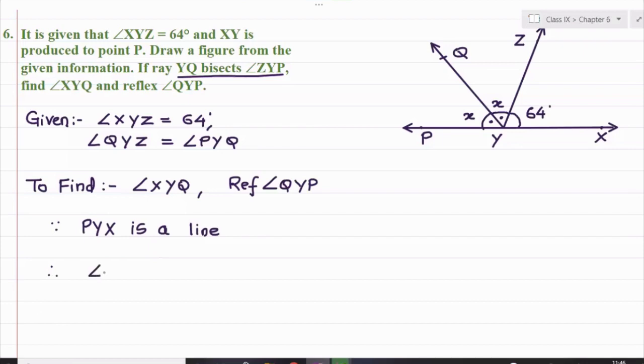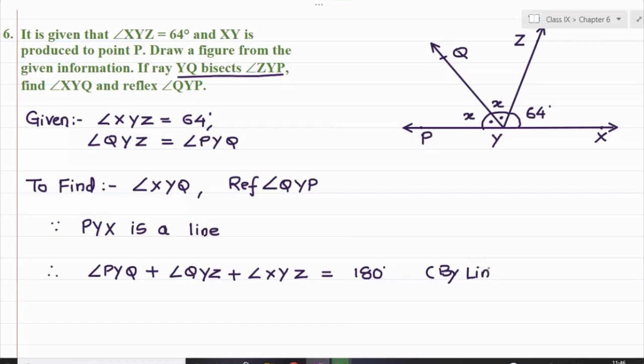First is angle PYQ plus second angle QYZ and the third angle XYZ. Observe, if I take these three angles together, they form a semicircle. So here I can say, by linear pair.